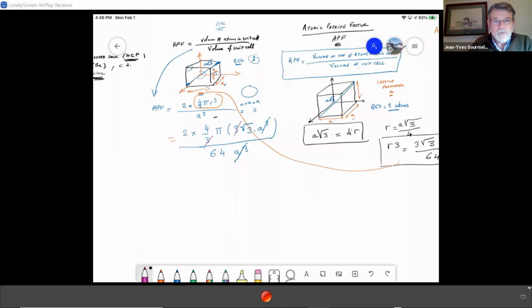2 times 4 is 8, root 3. So we make 8 root 3 pi divided by 64.